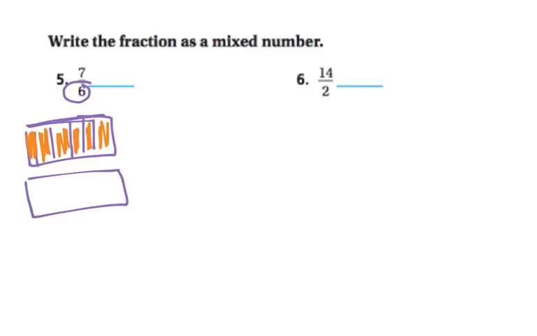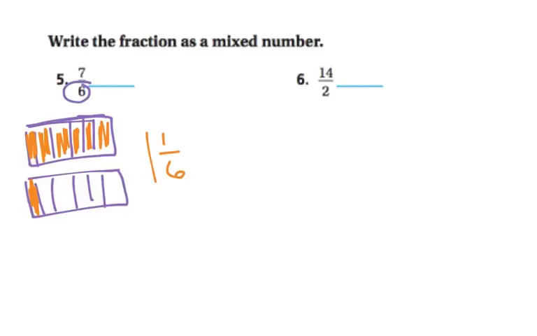So I would draw another box. I was at 6 sixths, so I get to just fill in one more, which would be 7 sixths. So from this visual, I can see that as a mixed number, I would have 1 whole and 1 sixth.